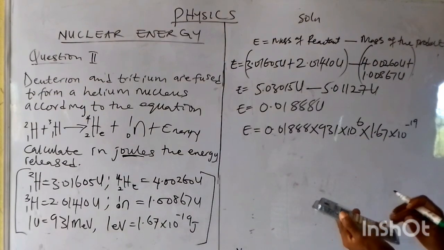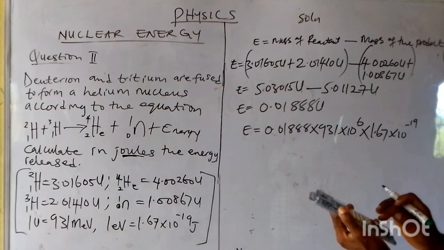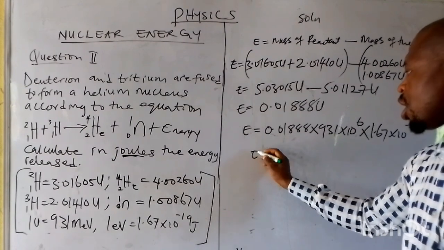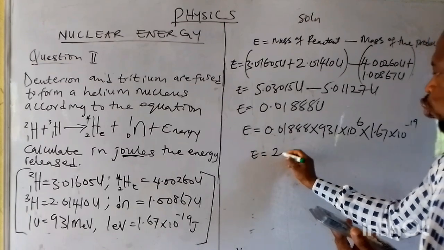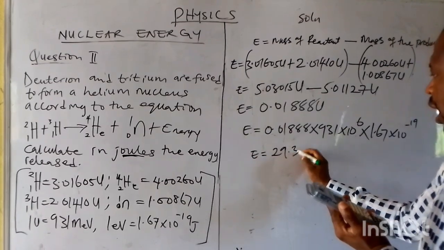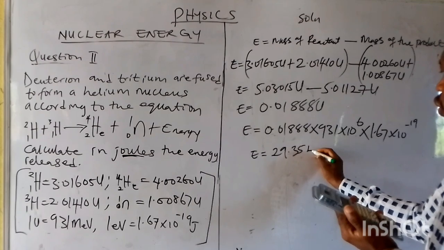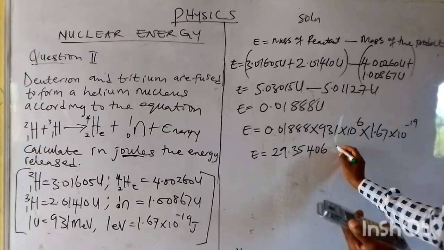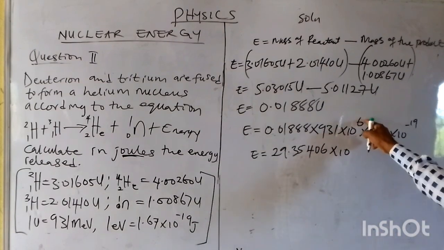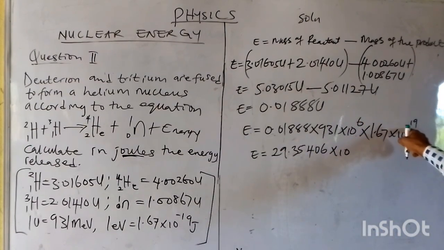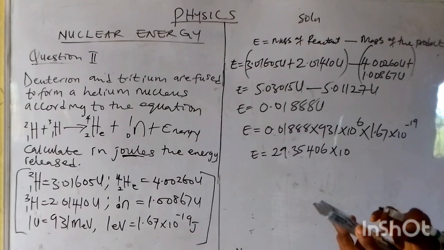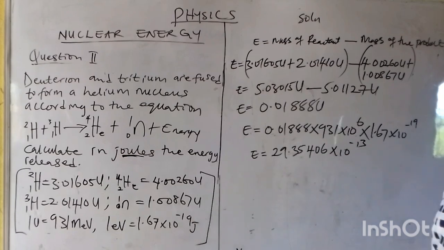So if we do that, we have that E is equal to 29.35406 times 10 raised to the power, at this point now, 6 minus 19. 6 minus 19 will give us minus 13.